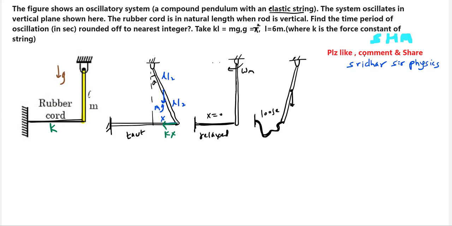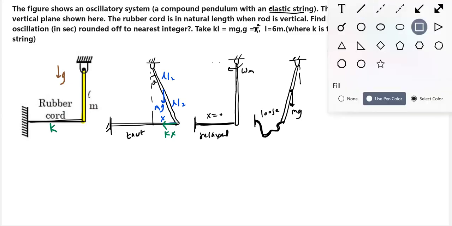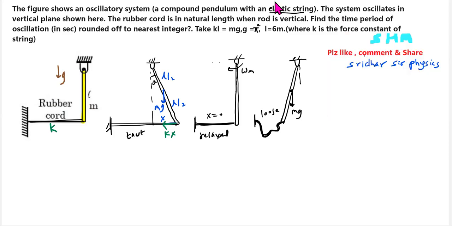And then the torque will be only due to the weight. In the second diagram, this is relaxed. So I will slightly tilt this rod, and it will rotate like this, oscillating.